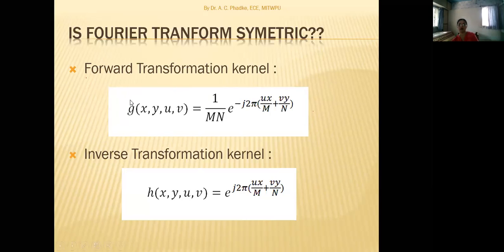According to the transform, this forward transformation kernel g(x, y, u, v) and inverse transformation kernel h(x, y, u, v) is different.